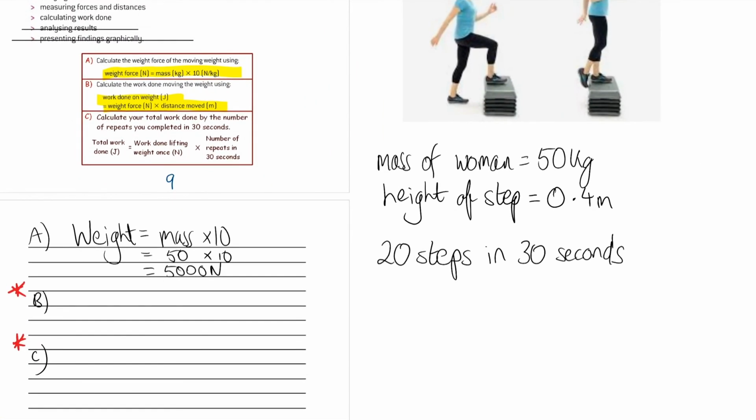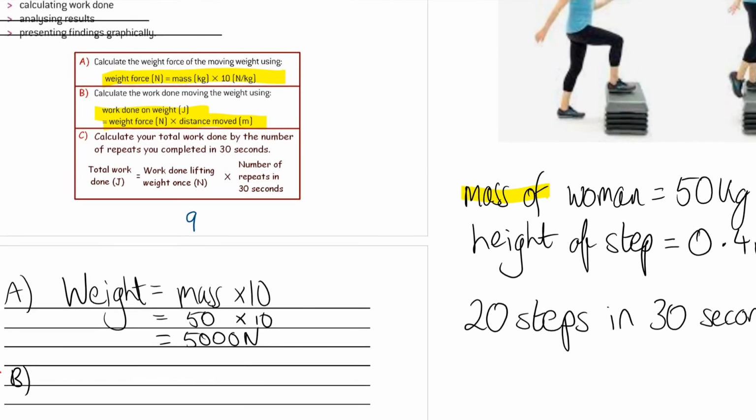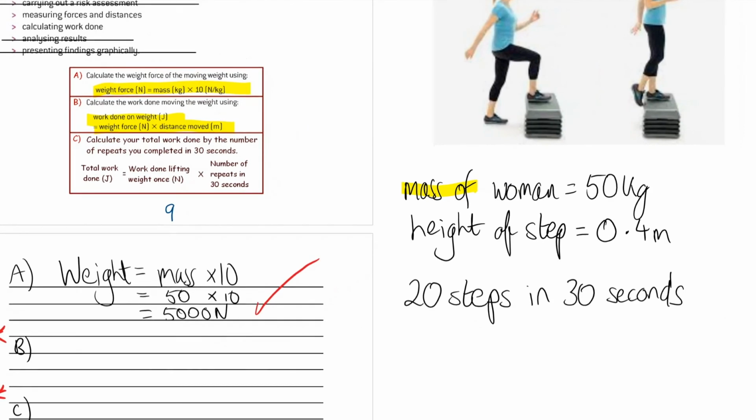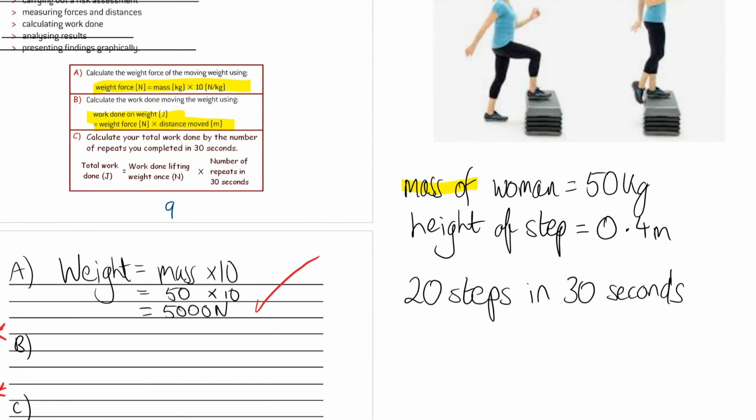We need to know the mass in order to work out the weight force, and I've done that first one here for you. The distance moved is 0.4 meters, so that's the height of the step. That's this height here, 0.4 meters or 40 centimeters, and that will allow you to calculate B, and to work out the total work done you need the number of steps in 30 seconds. That's here.